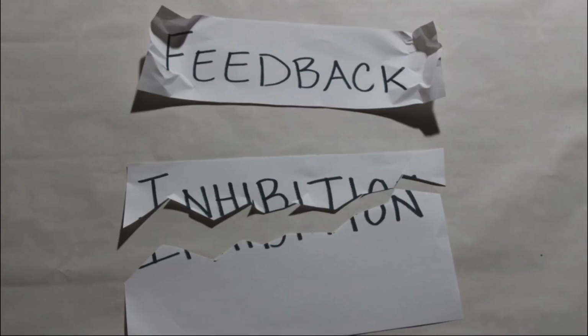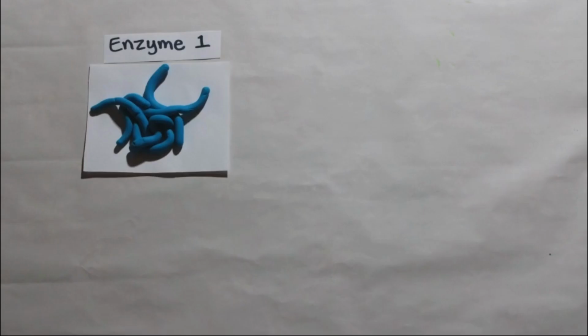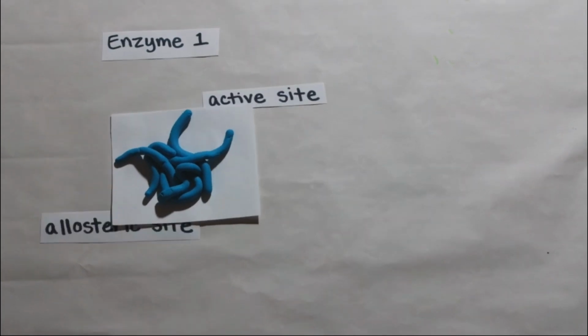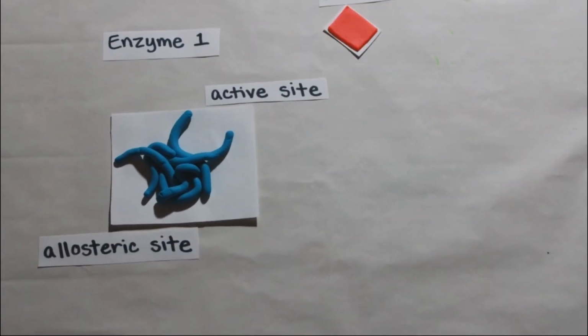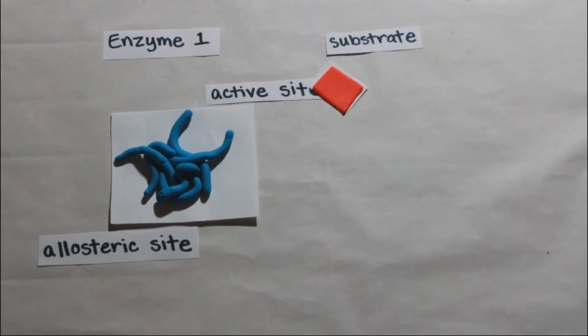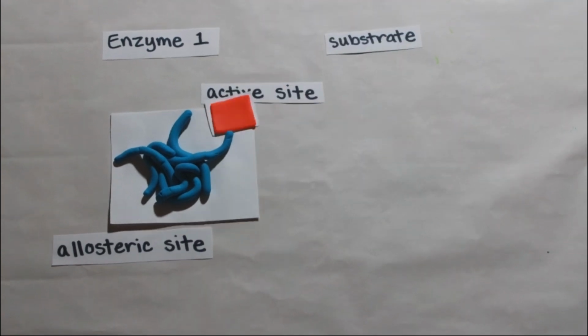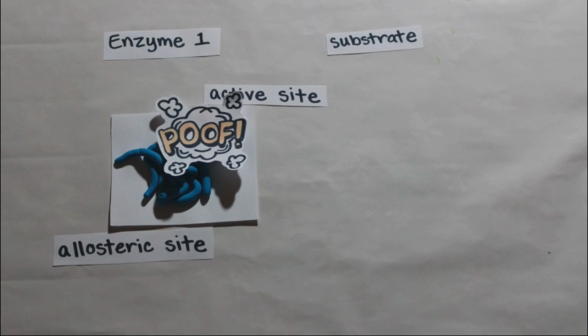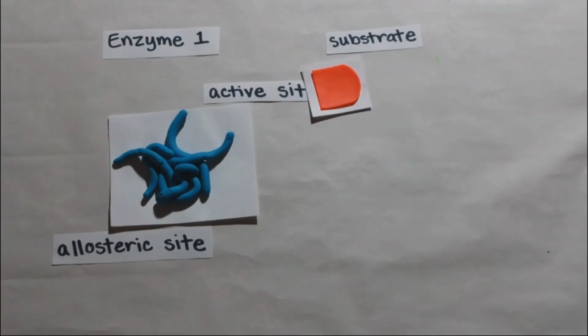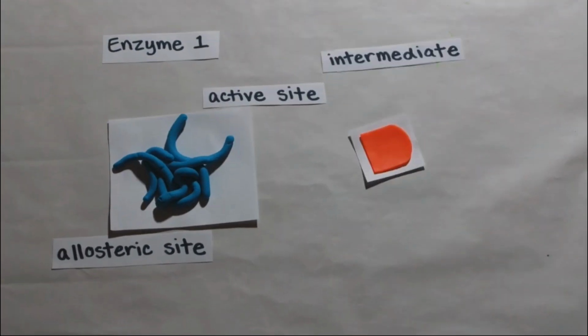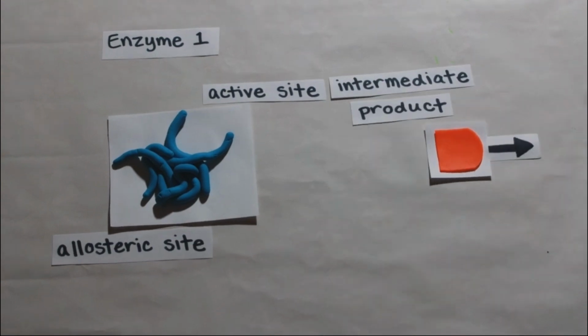Feedback inhibition is when the end product of a metabolic pathway acts as an inhibitor to an early enzyme in the same pathway. For example, the product from enzyme 1 is an intermediate one.